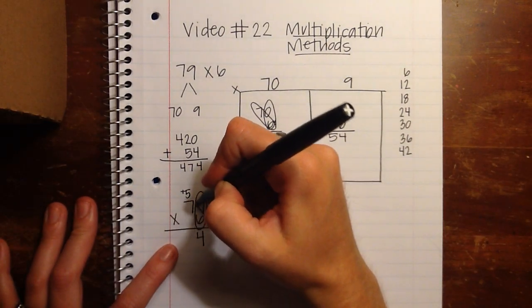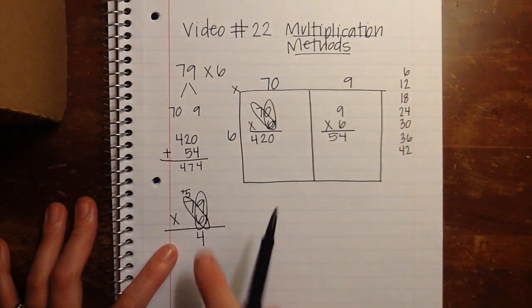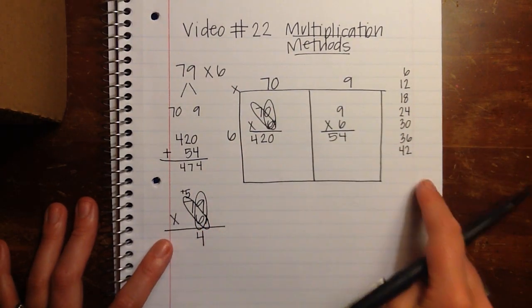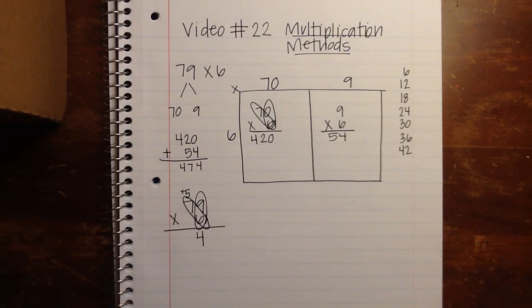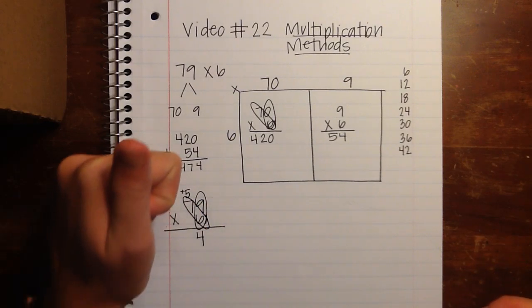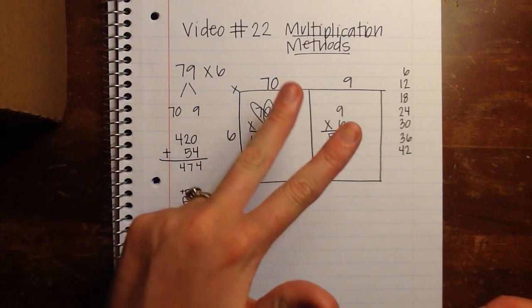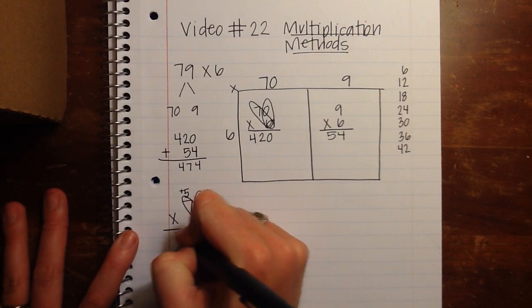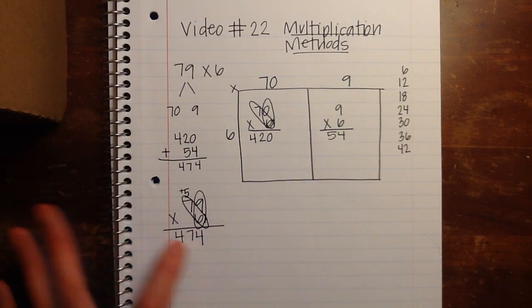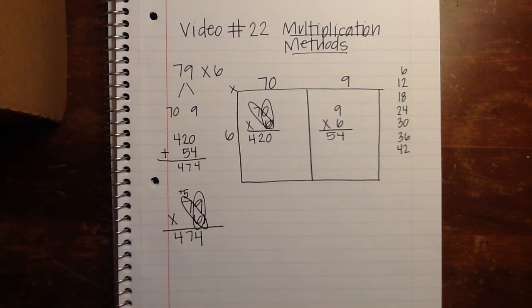Now, I'm going to say 6 times 7. Kind of doing the sprinkler method. I know that's 42 plus 5. 42 plus 5, okay. 43, 44, 45, 46, 47. And I get the same answer.